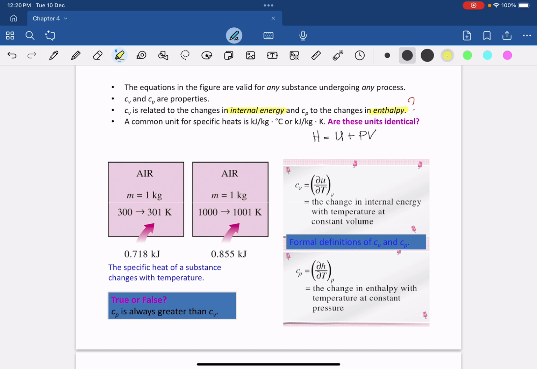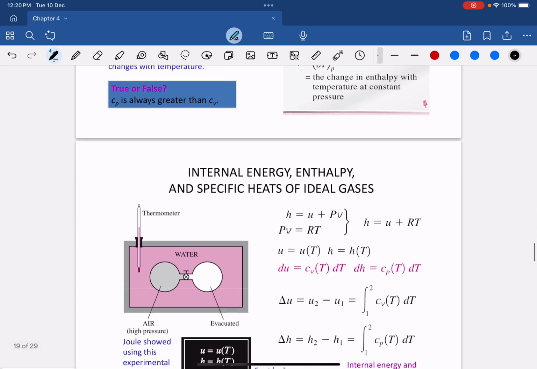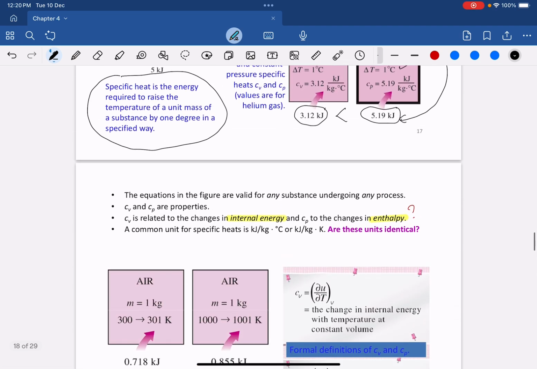Okay, so if we do some energy balance, any heat interactions and work interactions of any system, either it is pure substance or gas, are related to the changes of internal energy.